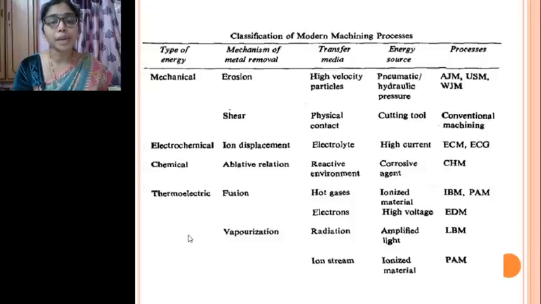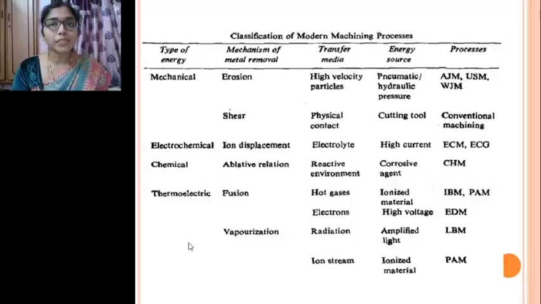The other types use light energy, that is a laser beam, and also an electron beam to remove the material. So in unconventional machining, we use different types of energies to remove the material from the surface. That is the other difference.